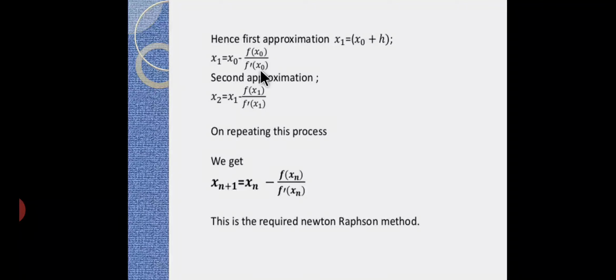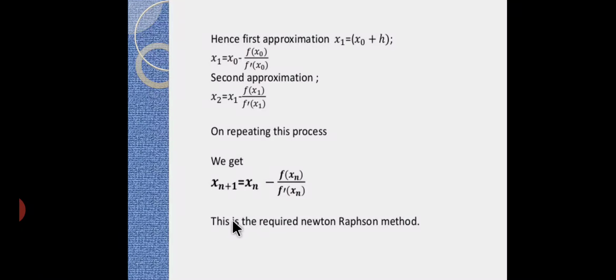So now the second approximation, x2 is equal to x1 minus f of x1 by f dash of x1. So on repeating this process we get xn plus 1 is equal to xn minus f of xn by f dash of xn.